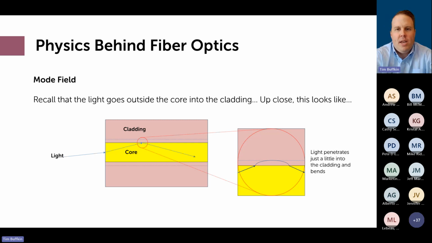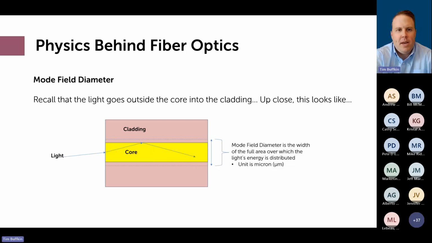It's not really reflecting or bouncing off; it's bending, and that's what sends it back down. That's why NA is used versus just the angle.